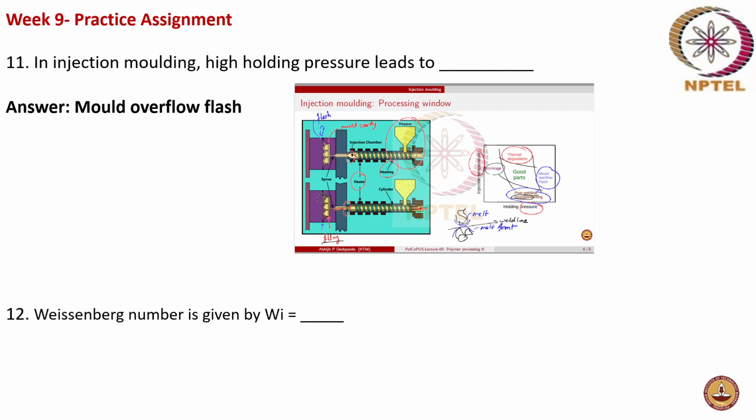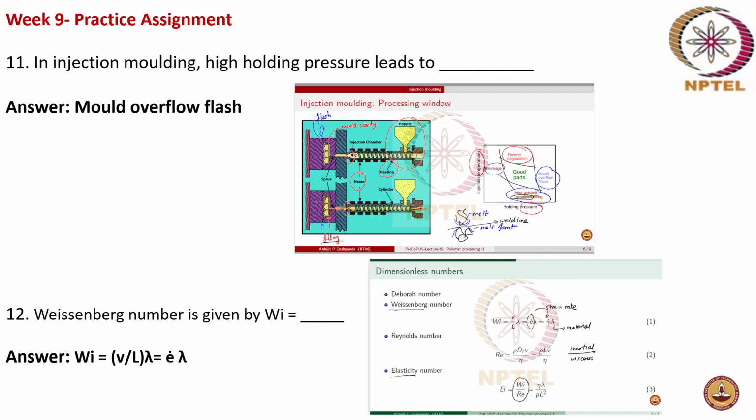No ma'am. Weissenberg number is given by velocity over length multiplied by the characteristic relaxation time of the polymer. It is the strain rate multiplied by the relaxation time of the polymer, or in other words, the time scale of strain rate, gamma dot, into the material relaxation time.